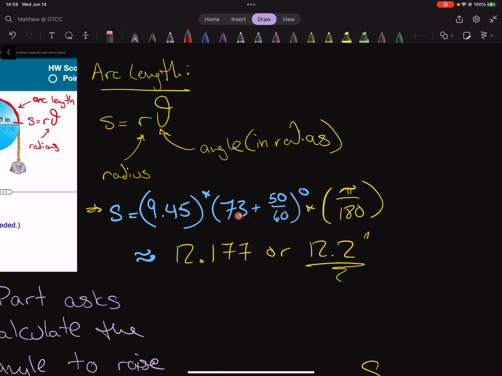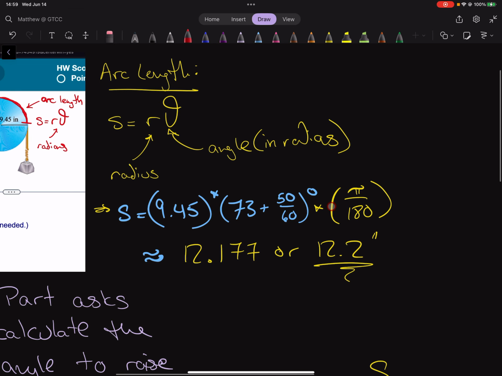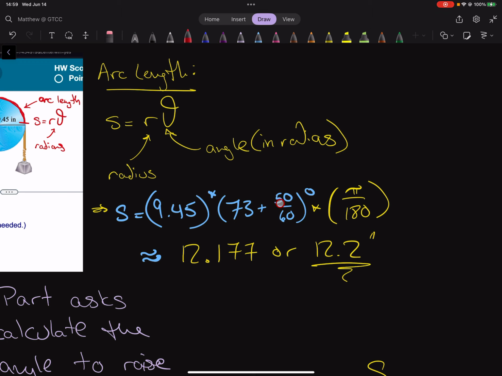So I wrote it as the degrees plus the minutes divided by 60, and that converts it to decimal degrees. Then on the tail end, in yellow, I multiply by pi over 180, because this is the catalyst for converting degrees to radians.